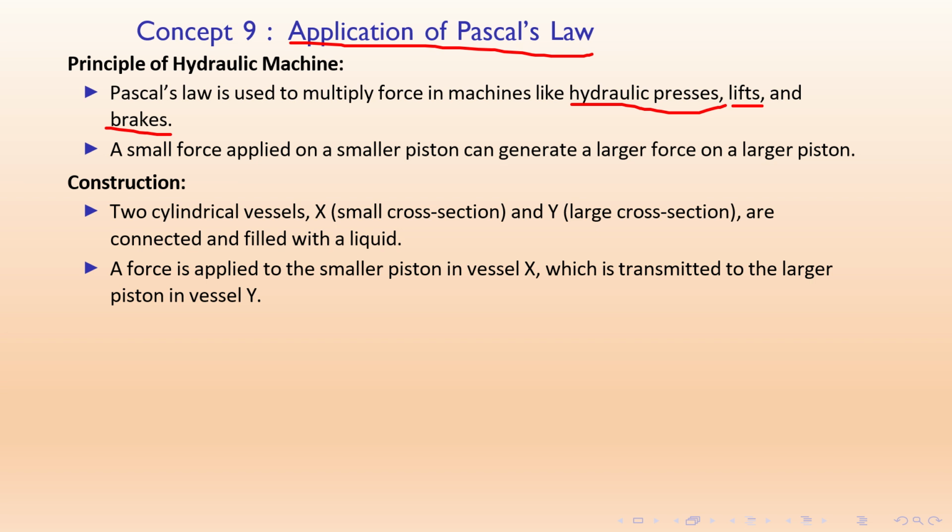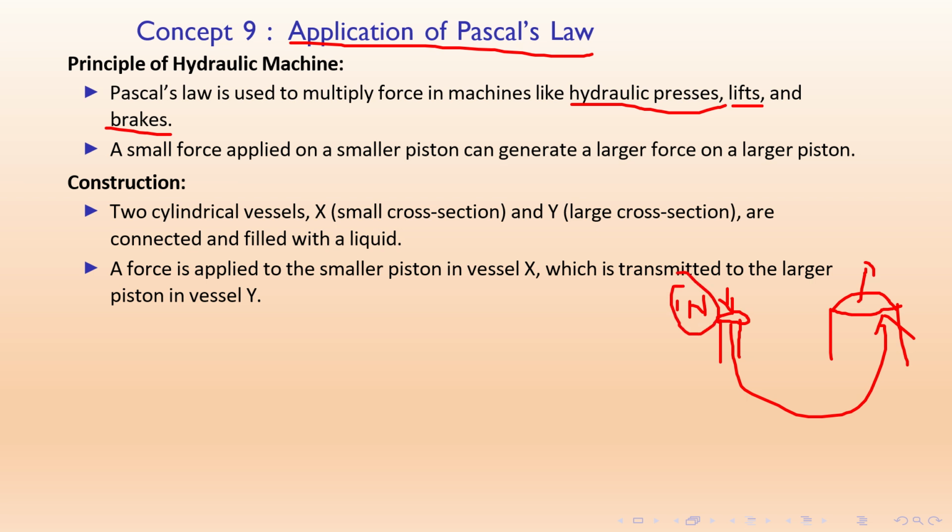A small force applied on a small piston can generate a large force on the large piston. Means if you take this as a smaller piston, here if you are applying some 1 Newton of force, let us assume, and this is another piston which has a larger area, then this force when it reaches here will become multiples of it.